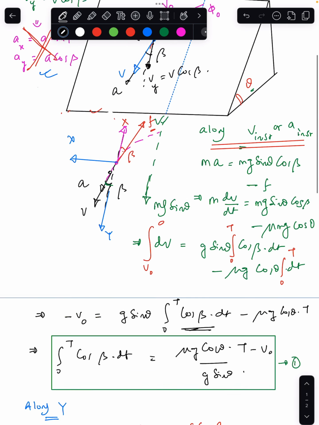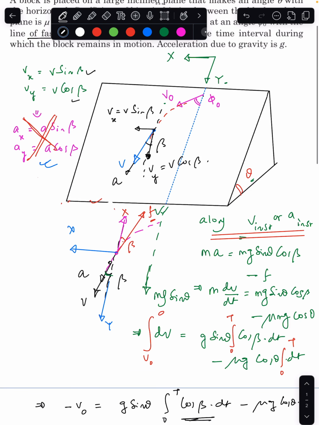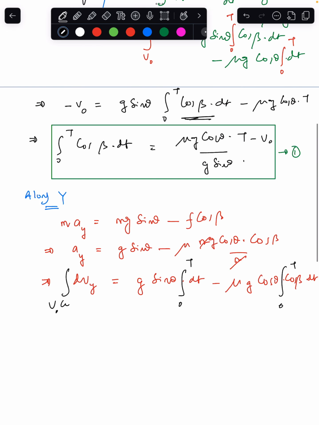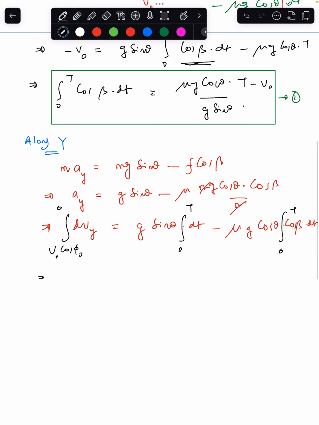Now for dvy, if you check, initially what is the velocity along this direction? It is equal to v naught cos phi naught. So my limit will be from v naught cos phi naught to 0. Eventually this becomes minus v naught cos phi naught is equal to g sine theta into capital T minus mu g cos theta integration 0 to t cos beta dt.